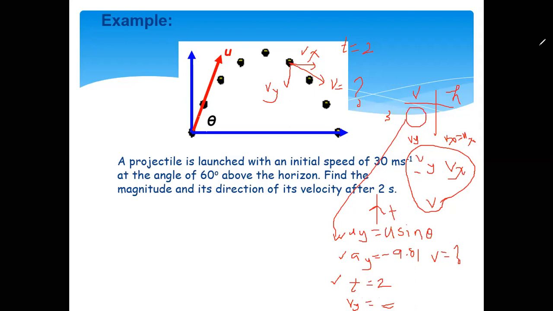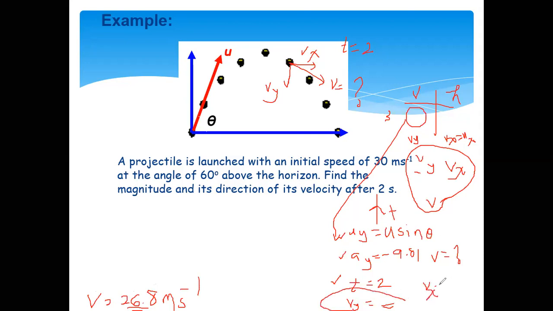So let's see from the chat. I hope everyone got the same answer. Your friend got 26.77. Did everyone get 26.77 for your V? 26.77, so 26.8. Everyone got this answer? You get your Vy, then get your Vx.